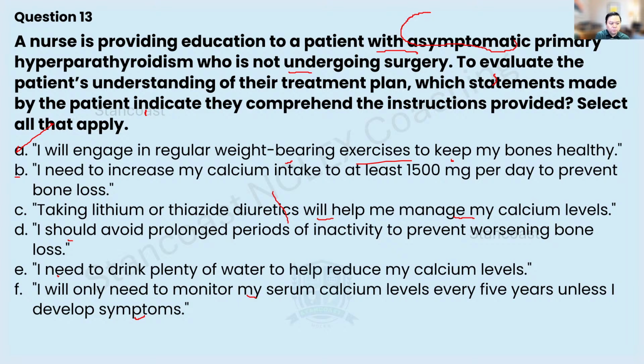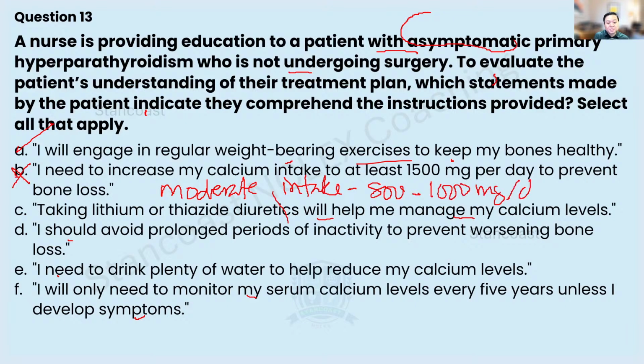So we are eliminating letter B. What they should have instead is moderate intake. And what does that mean? Moderate intake means that they are only allowed about 800 to about 1,000 milligrams per day of calcium, not 1,500. That is way too high.